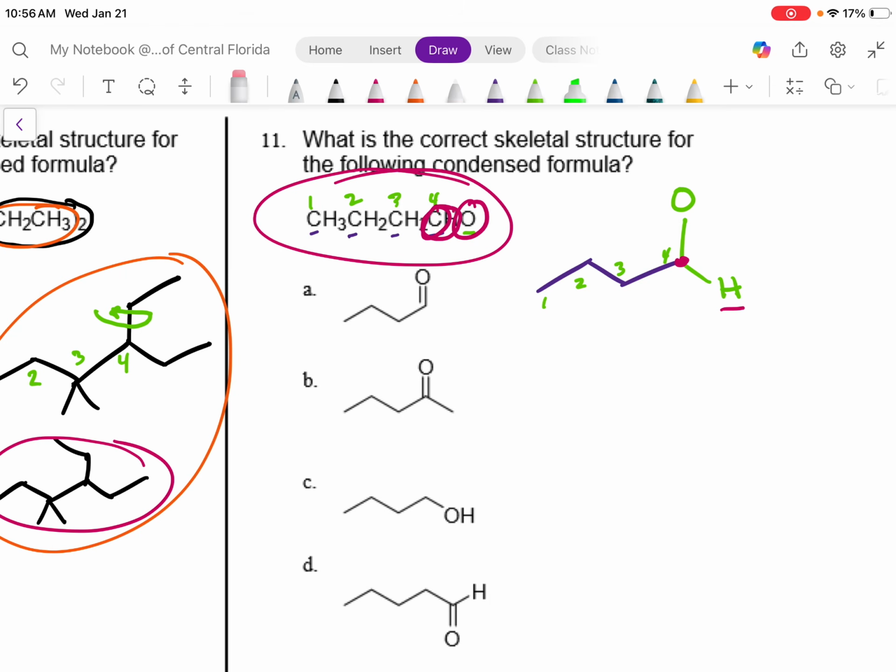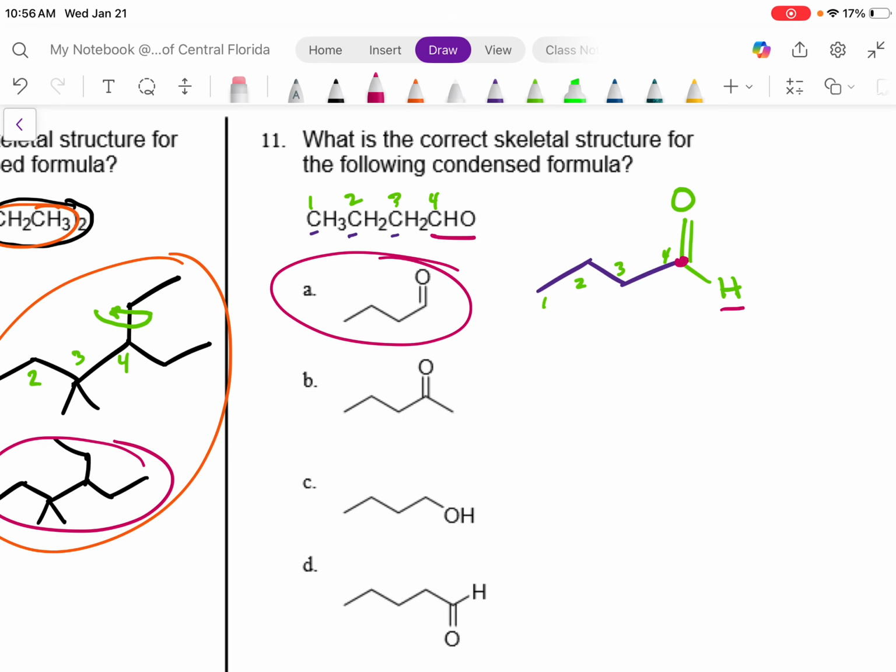And so you would have to do a double bond to that carbon. And so what do we have? We have an aldehyde. And that's a telltale sign of an aldehyde when it's written like that, CHO. And so the molecule that I've drawn matches this one right there.